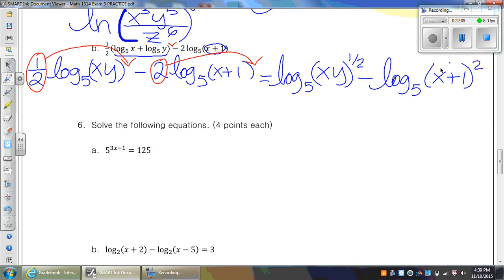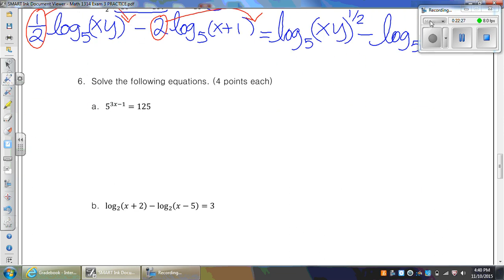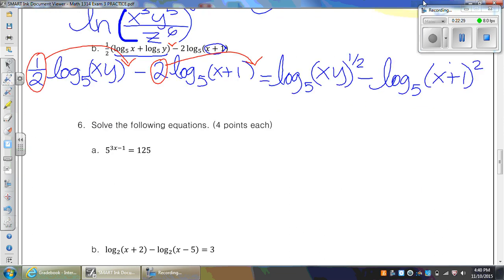Now from here, I'm going to condense again because I could only have the word log written how many times? Once. Only once. And I promise you, if you have that word more than once, you will not get any partial credit. Okay, so log of xy, that will be on top because that is positive.